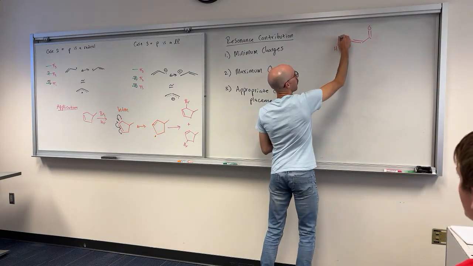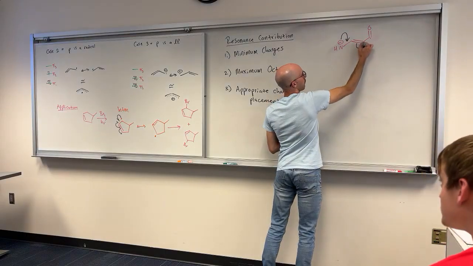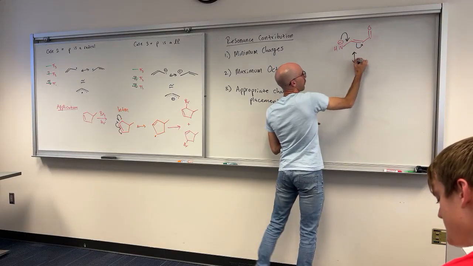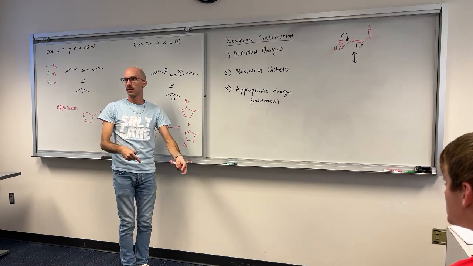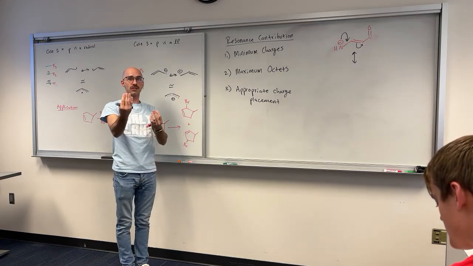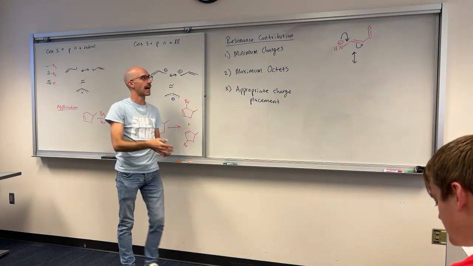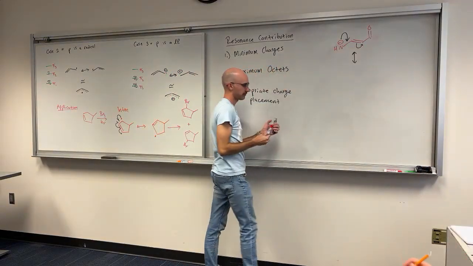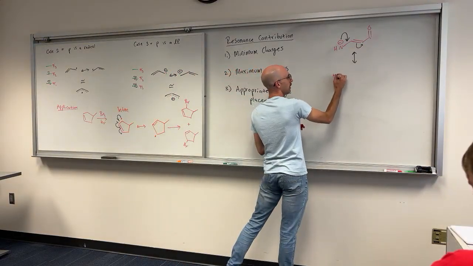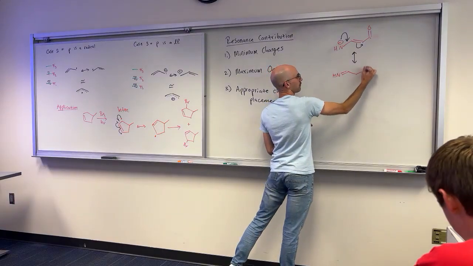So let's show one resonance form where nitrogen shares electrons to form a double bond, which then pushes out a double bond onto the third atom. 1, 2, 3. Lone pair in, lone pair out.